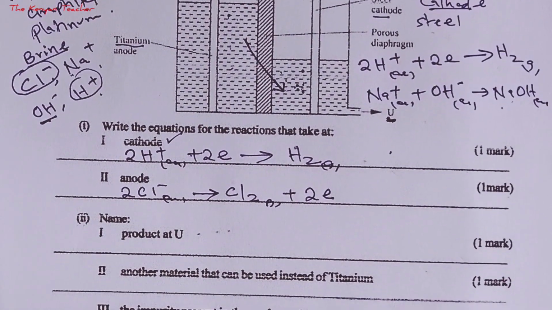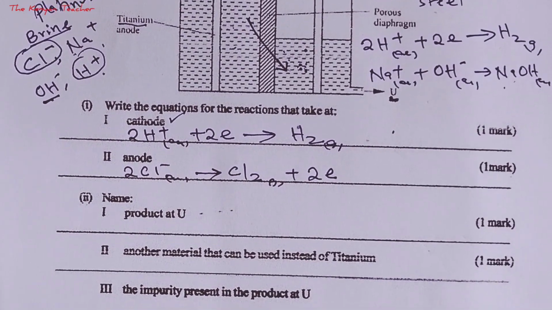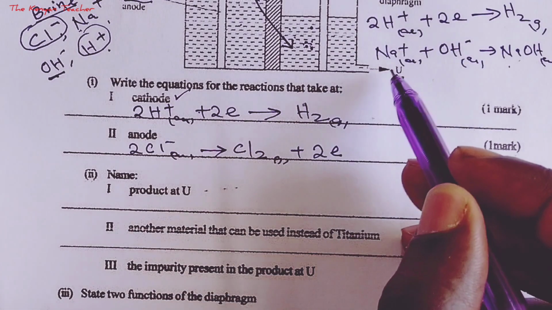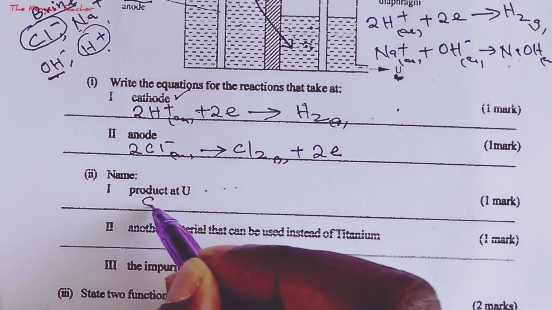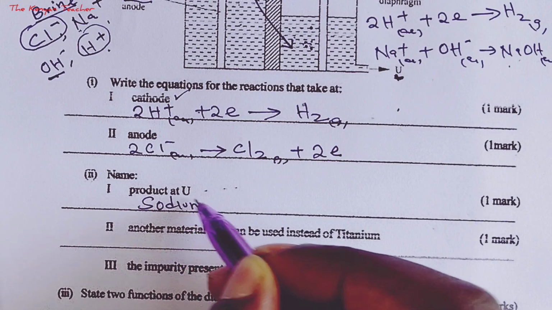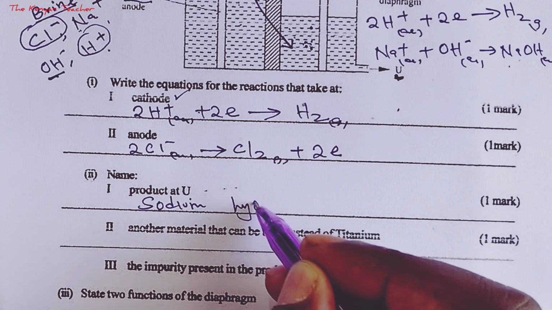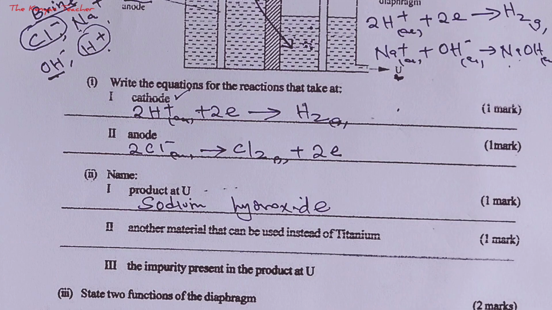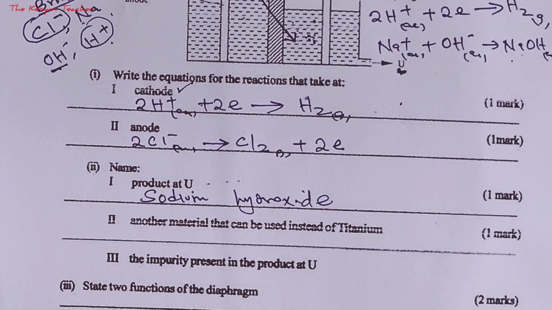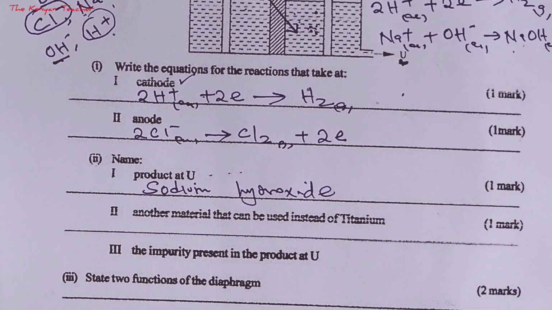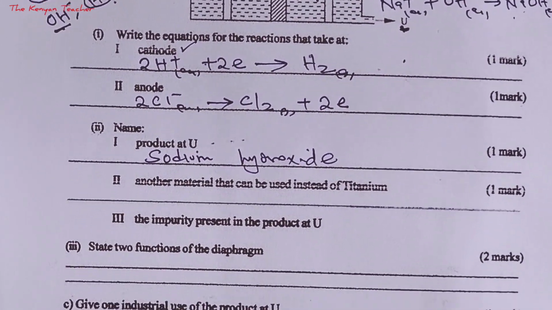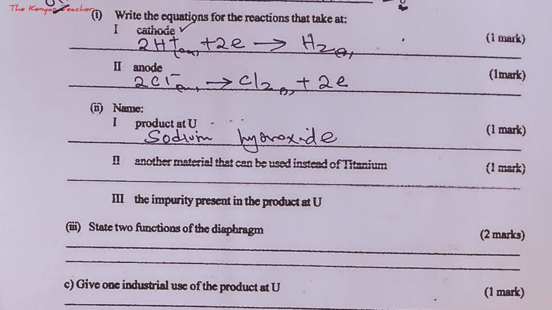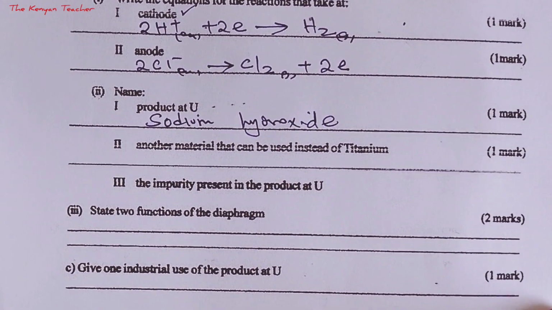Next question, Roman 2, asked us to name the product that comes out at U, and we had agreed earlier that this is our sodium hydroxide, although it is contaminated so much by unchanged sodium chloride. Now next, we were to mention another material that can be used on the anode instead of titanium.